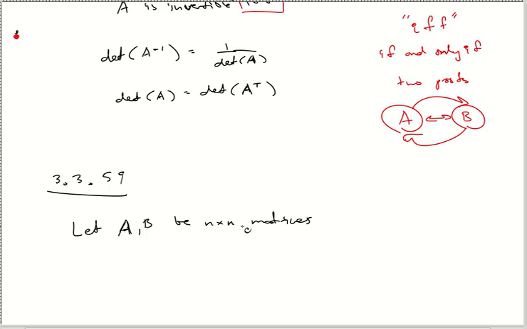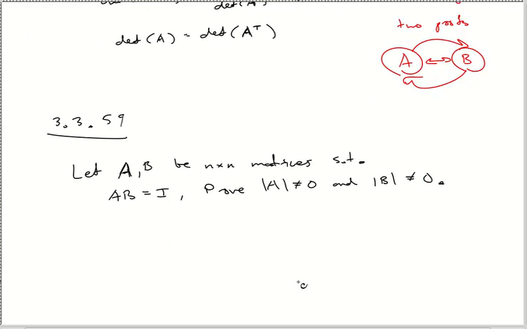That's okay. Prove that the determinant of A is not equal to 0 and that the determinant of B is not equal to 0.